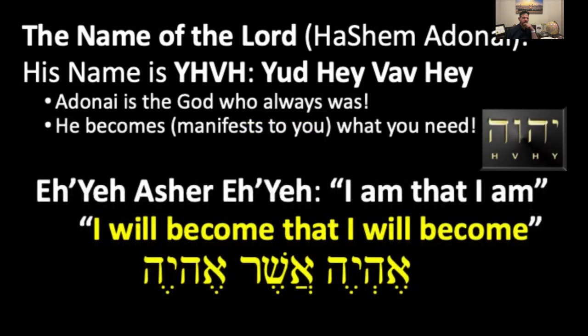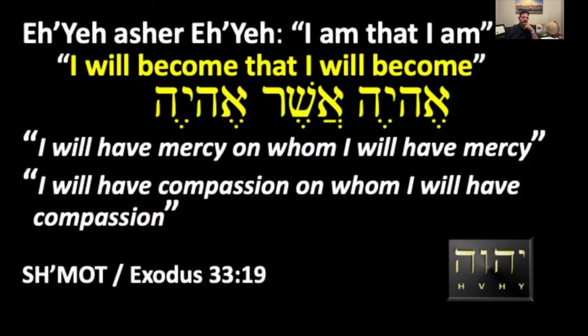So if you look at this, we're talking about a verb root that means was, because Adonai is the God who always was. But it's translated in the future because he will become or manifest to what you need him to be. So this statement, Ehyeh Asher Ehyeh, I am that I am is really I will become that I will become.